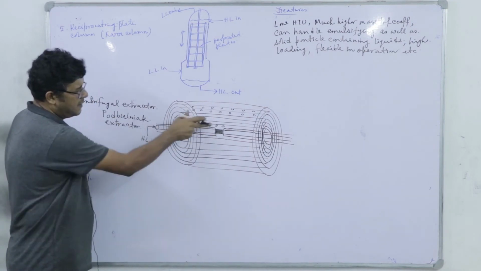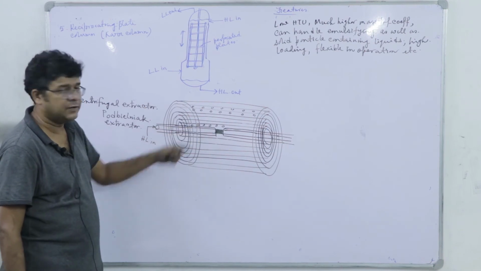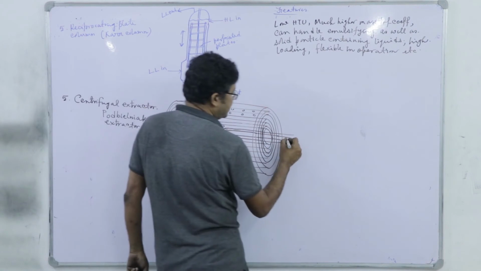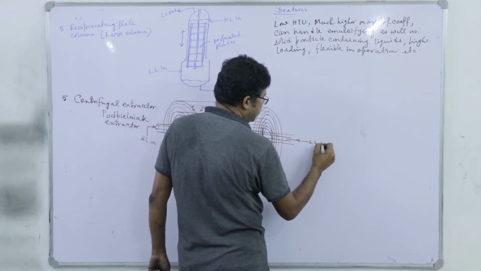So through the central hollow region we deliver the heavy liquid, and here we deliver the light liquid.